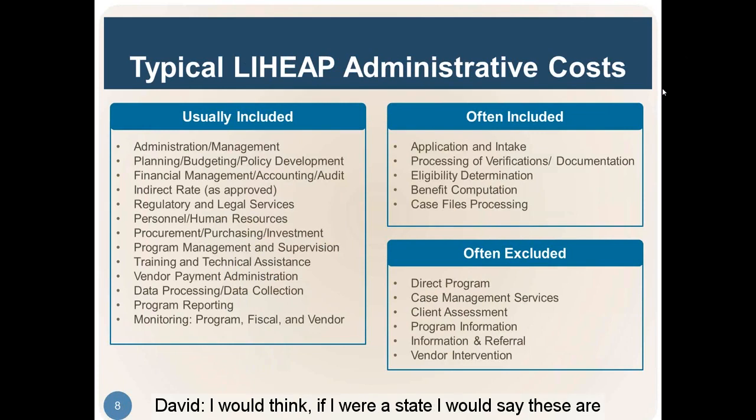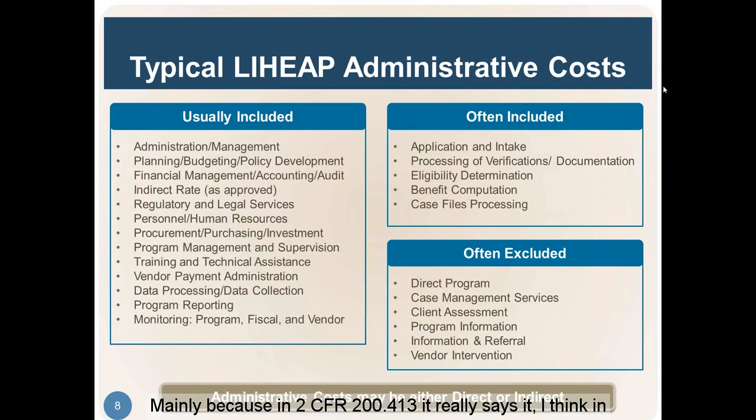Yeah, I would think if I were a state, I would say these are direct costs of our program. And mainly because in 2 CFR 200.413, it really says it in the very first paragraph, that a direct cost is something that you have to do to comply with the program rules.